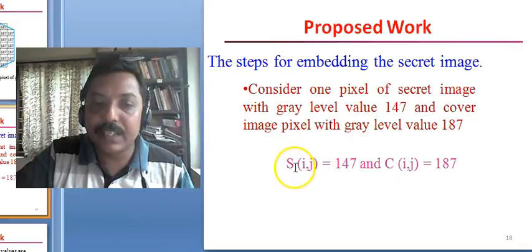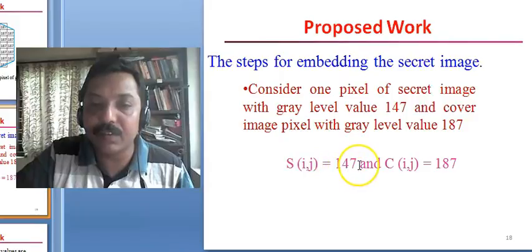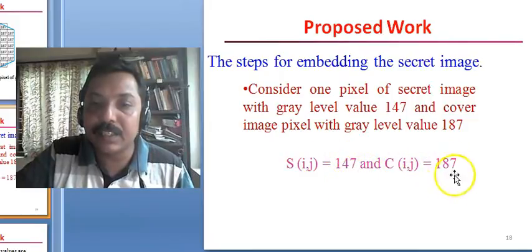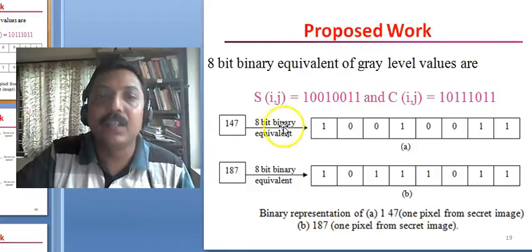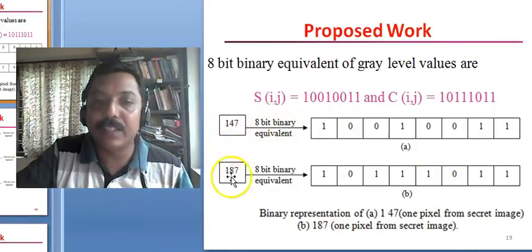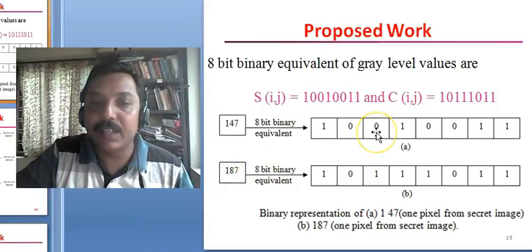So let's take this Sij, the pixel of the secret image, having 147 gray level value, and the cover image pixel having value 187. Now this pixel is going to be hidden in this hexagonal structure. This is the binary representation of 147 and 187: this figure represents the binary representation of 147, and this represents the binary representation of 187.